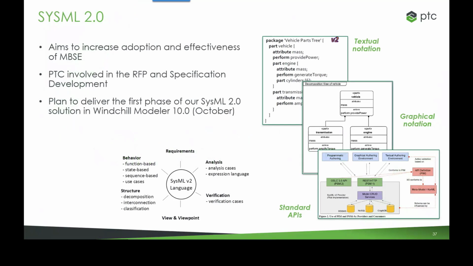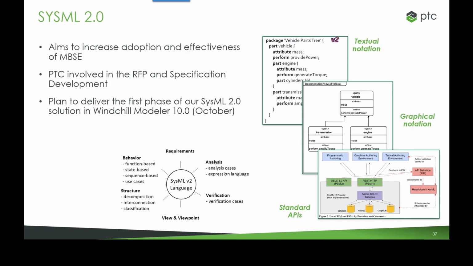Okay, what's the future? Well, we have SysML 2.0, the next generation of SysML, on the horizon. This will be released sometime this year, towards the back end of this year. The goals are really to increase adoption and effectiveness of MBSE. PTC have been involved in the initial request and the development of the specification and the solution.